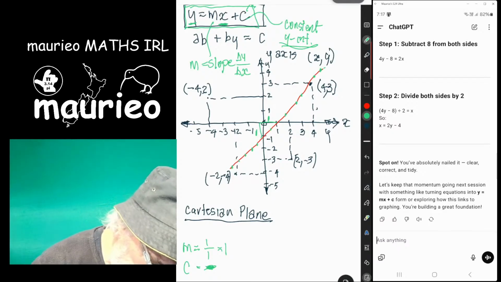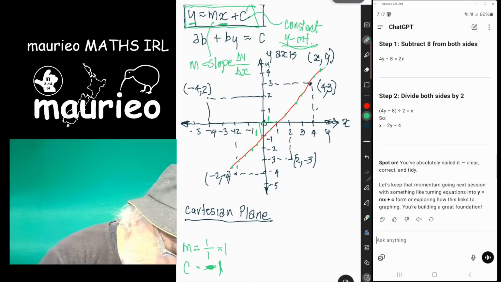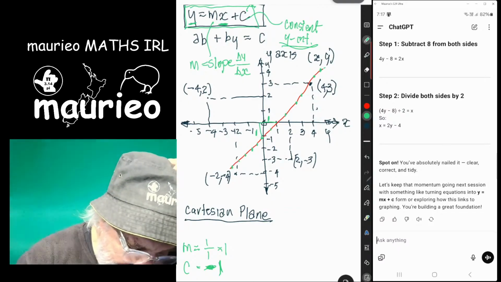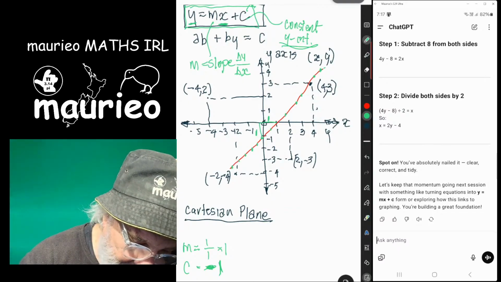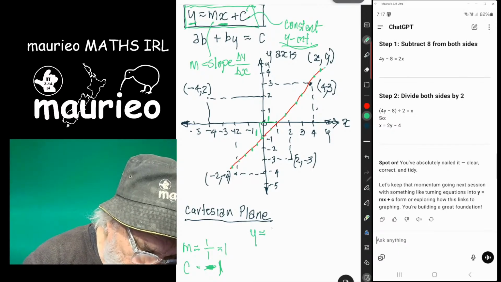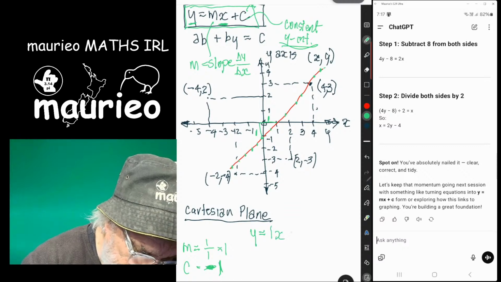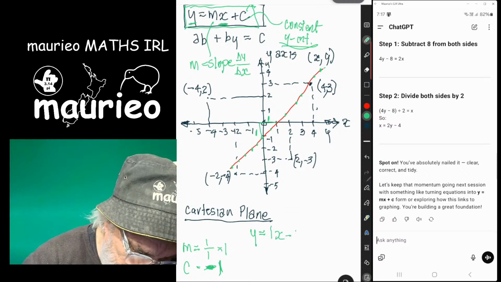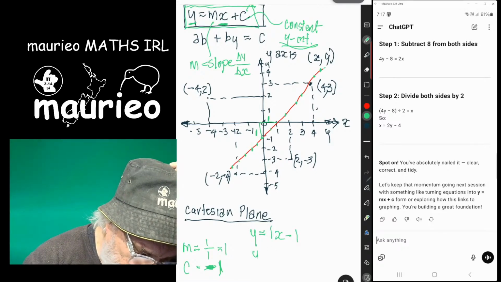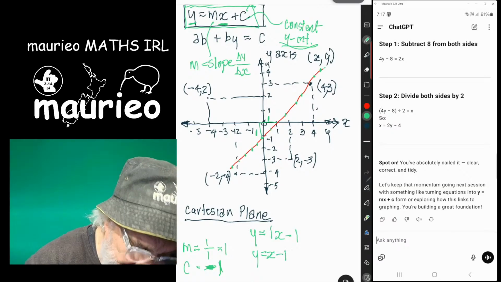There's the y-intercept there on that graph. So what we have here is a graph of y equals 1x minus 1. Now we don't need to show the 1, so y equals x minus 1.